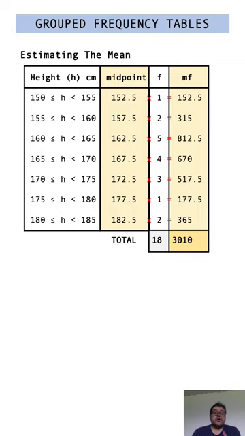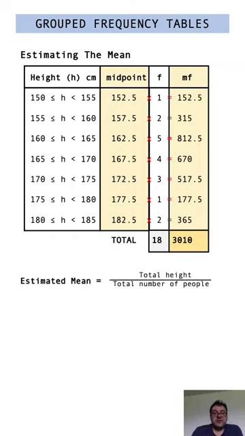And the total of their heights was 3010. So we've got 18 people with a total of all their heights, if you add them up, 3010 centimeters. Now it is just an estimate because we don't have any of their exact heights, we just know the groups they're in, but it is the best estimate we've got. So the estimate for the mean is just going to be the total of all the heights divided by the number of people.